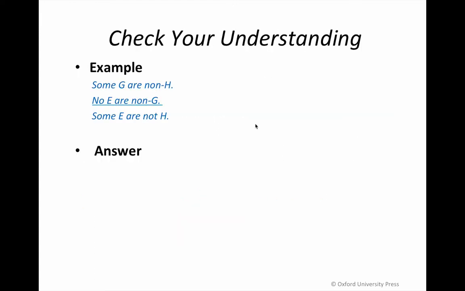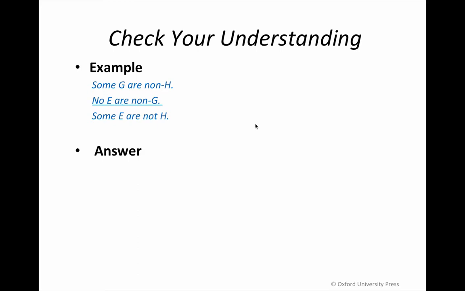Let's practice. Some G are non-H, no E are non-G, so some E are not H. What we're going to want to do is obvert the first premise so that it matches the conclusion's predicate term.